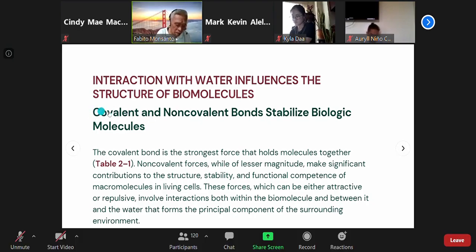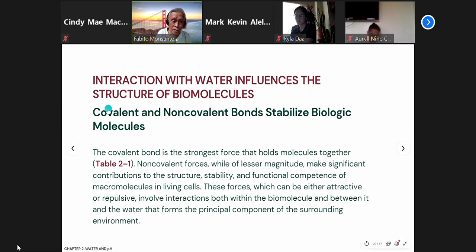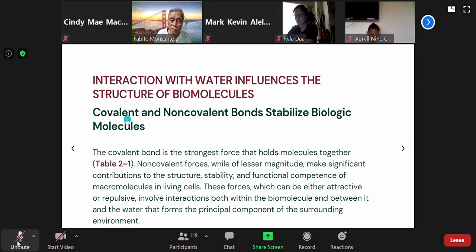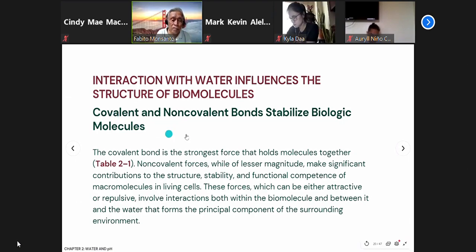Examples of these bonds are the glycosidic linkage or glycosidic bond. You have your peptide bond, you have ester bonds. Now, non-covalent bonds. One, we have seen this already, and that is your hydrogen bond. There are still other bonds.